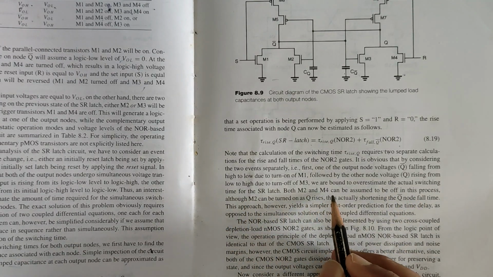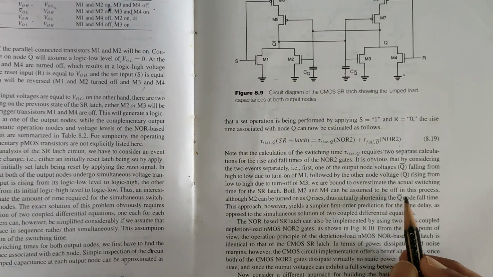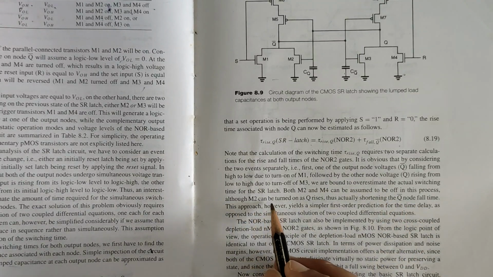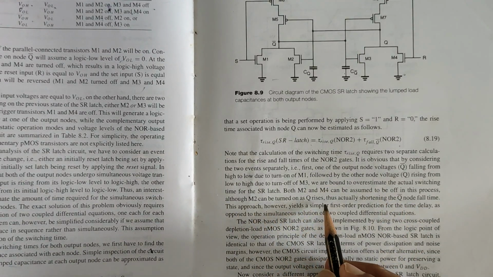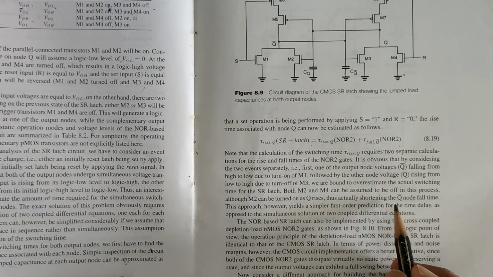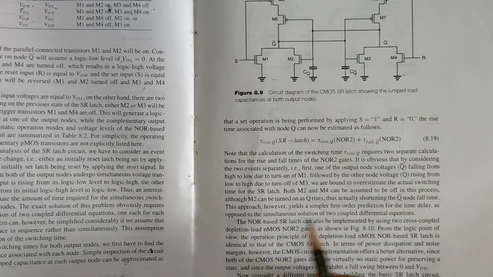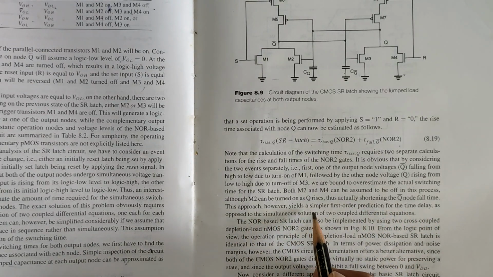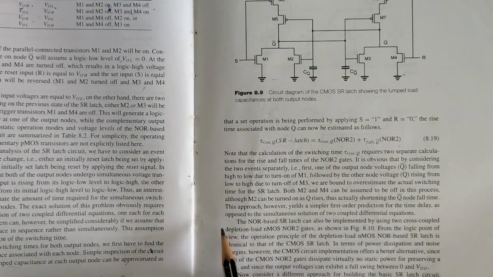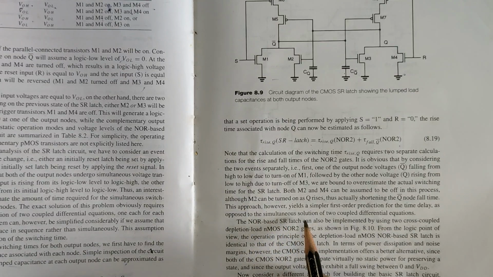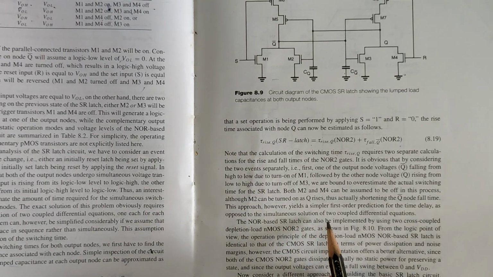Both M2 and M4 can be assumed to be off in this process, although M2 can be turned on as Q rises, thus actually shortening the Q node fall time. This approach, however, yields a simpler first order prediction for the time delay as opposed to the simultaneous solution of two coupled differential equations.